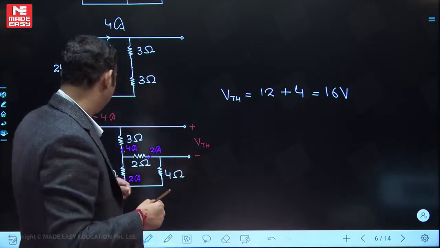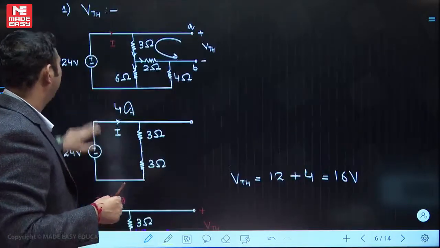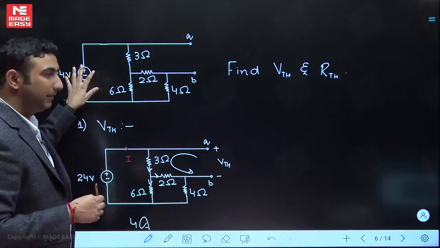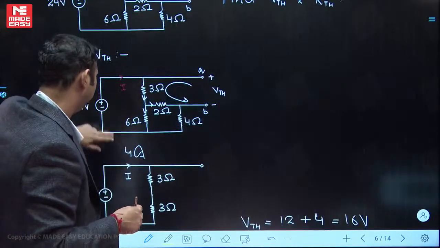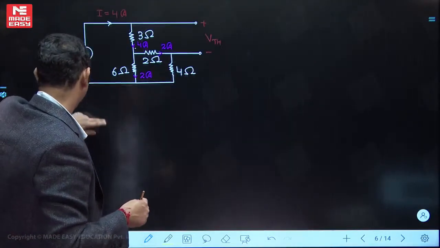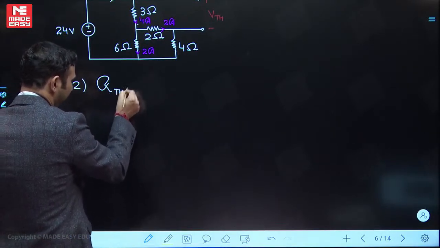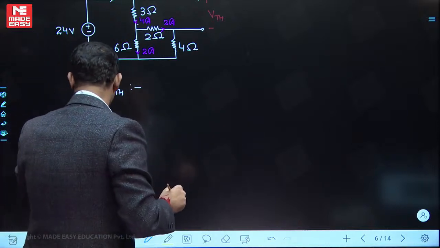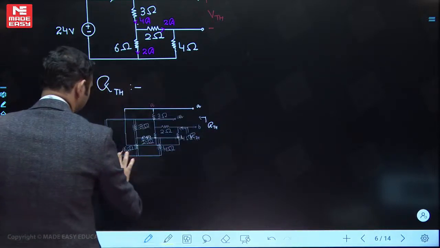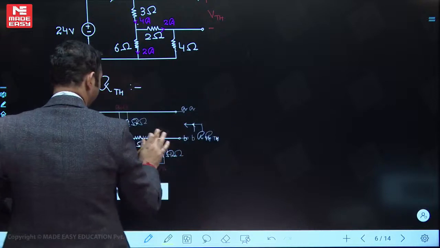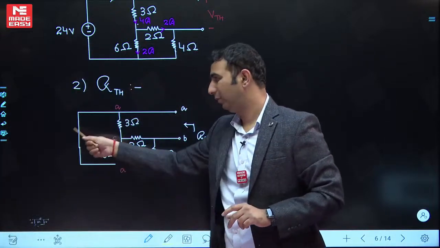Want to calculate RTH? For calculating RTH, we will be deactivating all the independent sources and doing the calculation. So let's go for RTH. What I have done is deactivated the voltage source.